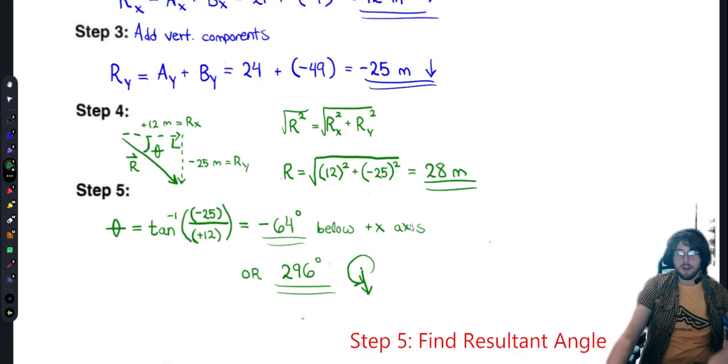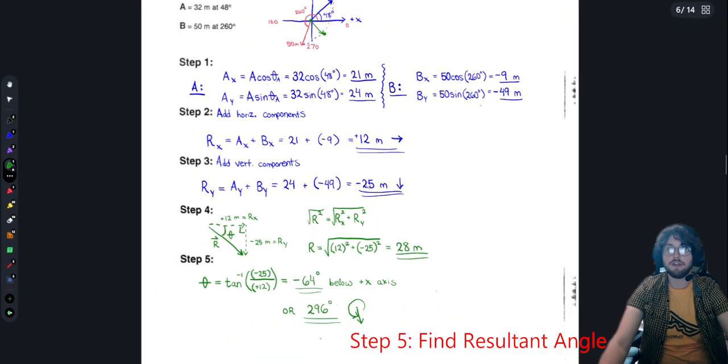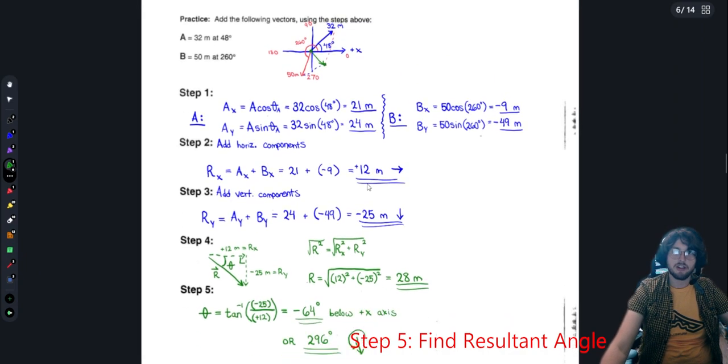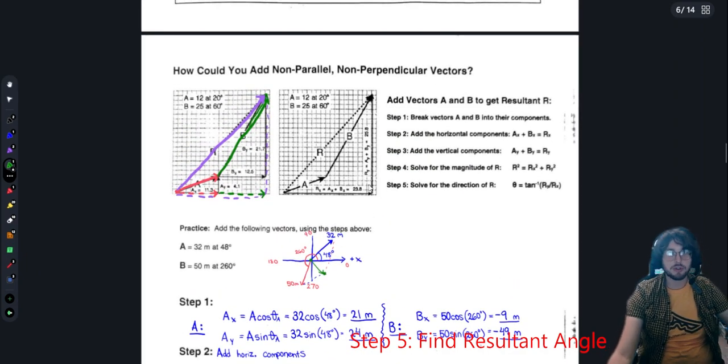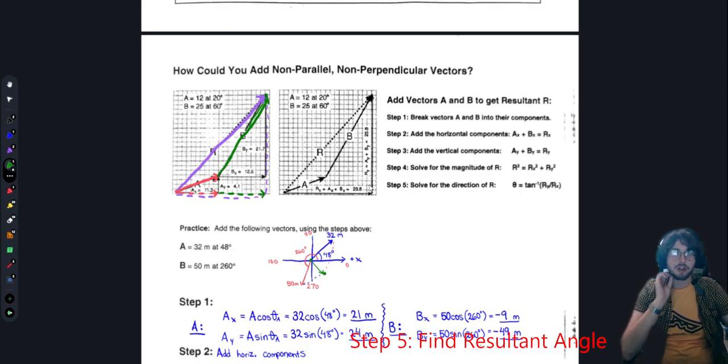Okay, so that was all a very involved process, but that's really the worst that these sorts of vectors can get. There isn't really anything worse other than adding an extra dimension, like a third dimension, the z direction.